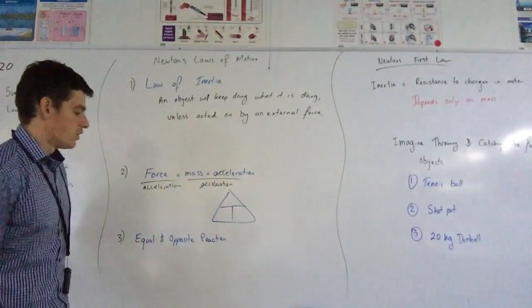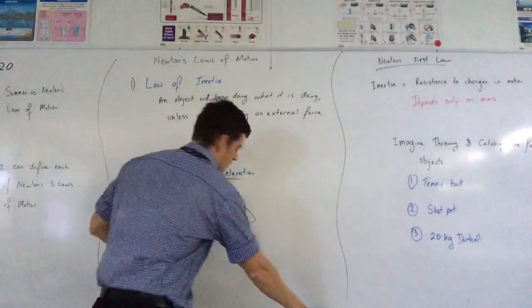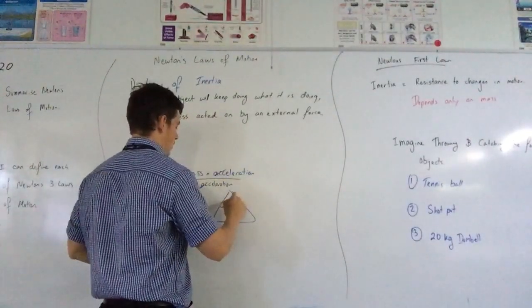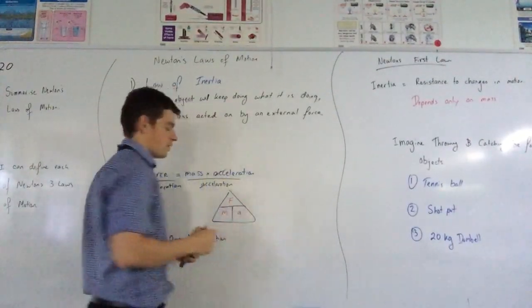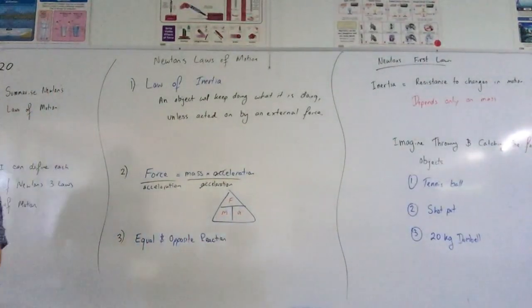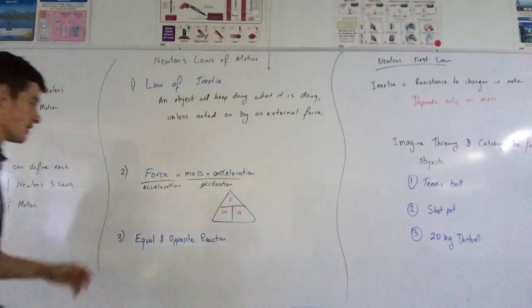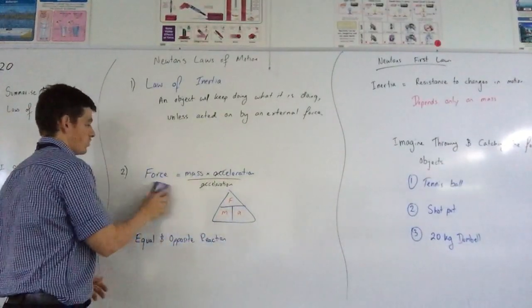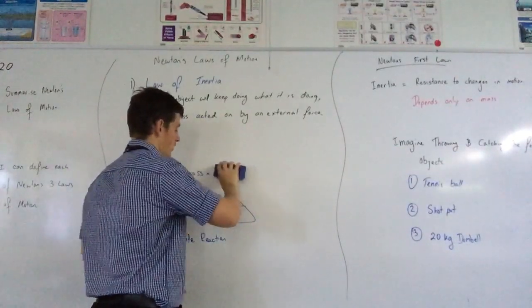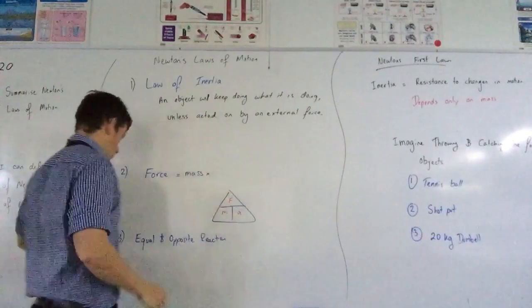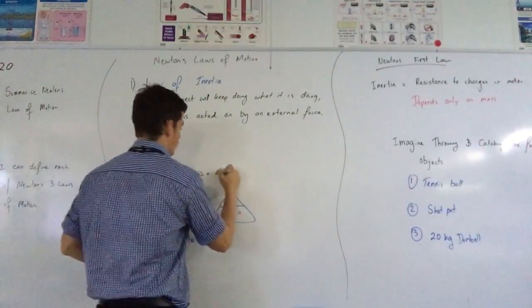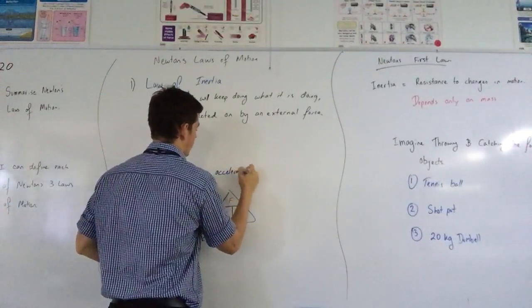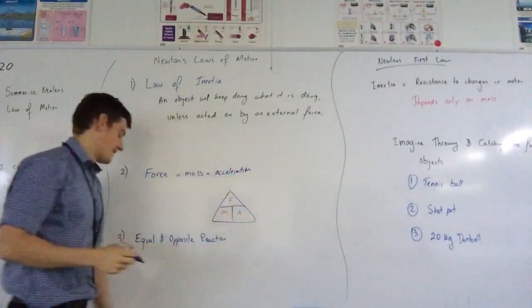The top value is F, and then m and a go on the sides. I'm happy to leave it as F equals ma, because that can be rearranged, and you need to use your rearranging skills anyway. So that's the second law. It's all just about quantifying the size of a force or identifying a relationship between force, mass and acceleration.